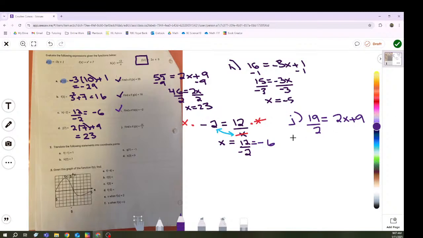Yeah, so if we multiply everything by 2, that's going to go away on the left-hand side, and then we're just going to have 4x plus 18. Now I don't have to worry about common denominators and still having fractions. A little bit easier. Okay, what next? That's right. Now I would do that.